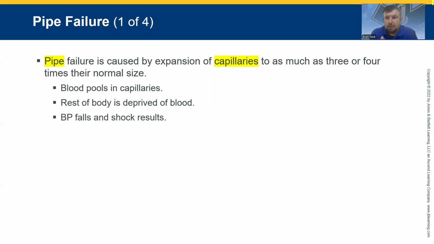Just like our garden hose at the house, it's made the size it is for a reason. If I hook a 4-inch fire hose to my water hydrant at home, I've taken all the pressure from behind that. It's just going to run through. It's not actually going to have force behind it. And that's what's happening at the capillaries and these veins and arteries whenever they dilate out: we lose all of our blood pressure.